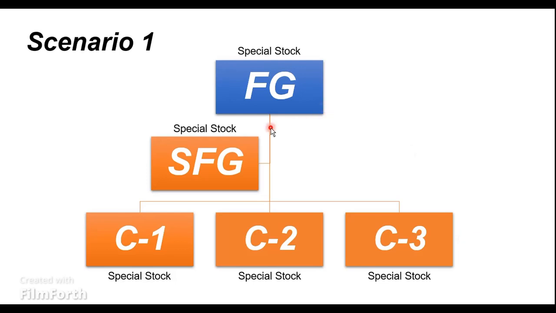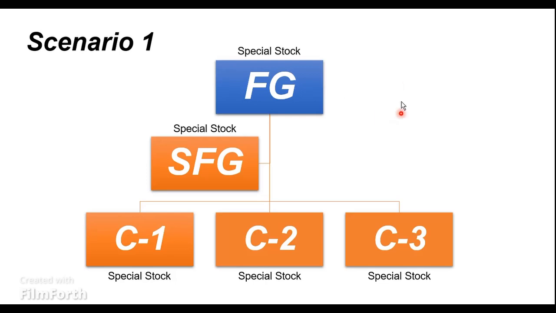So the semi-finished item will also have a planned order if it is in-house manufactured, and again the account assignment of the same sales order coming from the FG will be transferred to the semi-finished item. In the same way, when we talk about the raw materials, the purchase requisitions and the purchase orders, these replenishment elements will also be account assigned to the same sales order that has been created for the finished product.